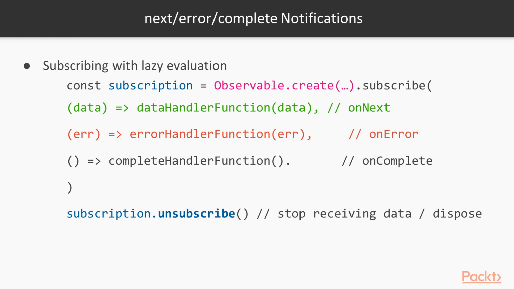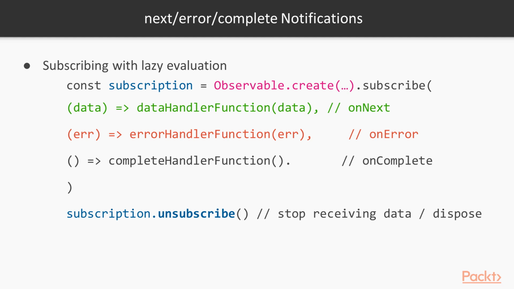Yes, subscribe method. And as params, you should provide onNext, onError, and onComplete handlers. Actually, you may omit any of them, if, for example, you want to handle only onNext data values. Subscribe method returns subscription object that will give you disposing control over observable events listening.